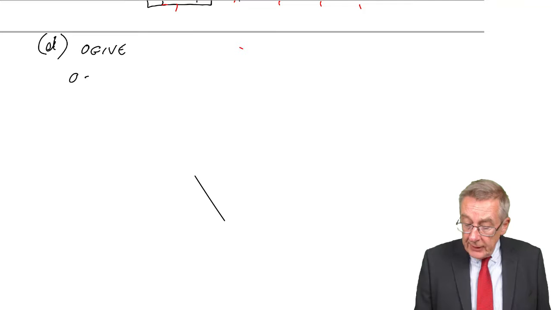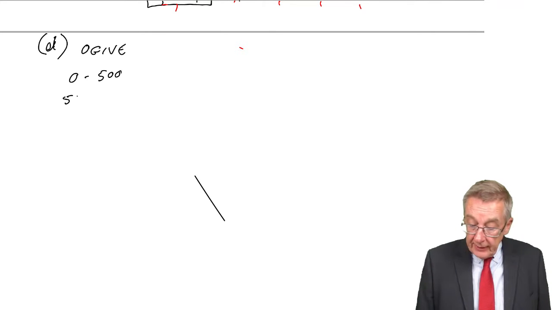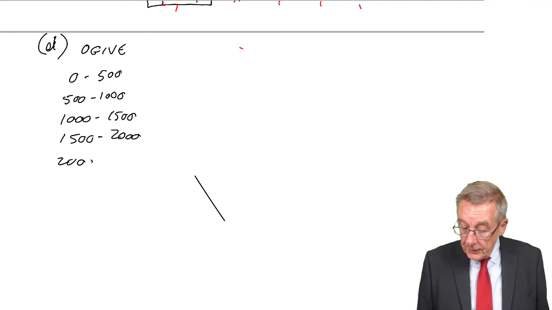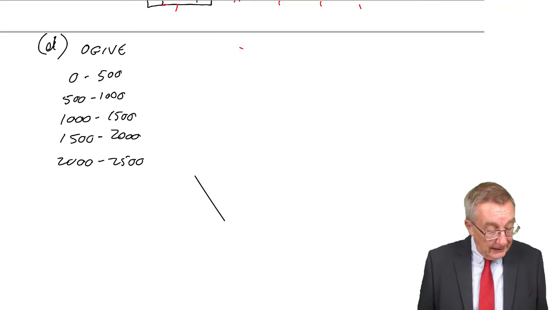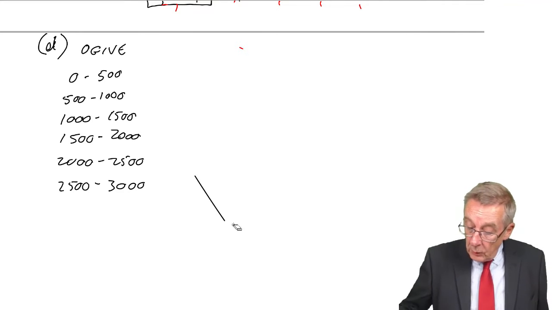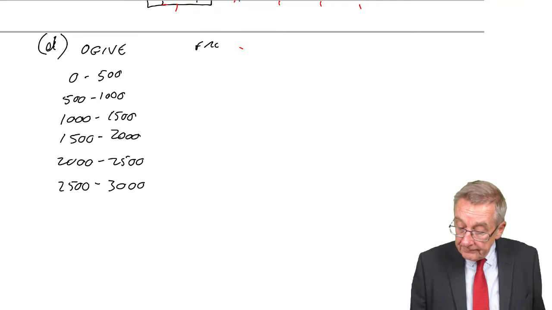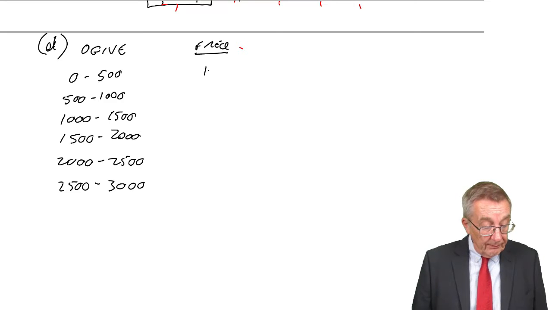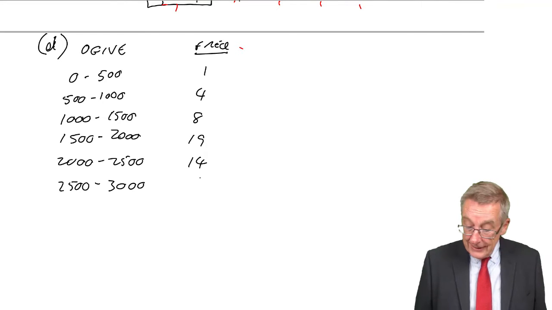What I mean by that, if I write the original table down: 0 to 500, 500 to 1000, 1000 to 1500, 1500 to 2000, 2000 to 2,500, 2,500 to 3,000. Well, we know what the frequency is from the original table. 1 week, 0 to 500. 4 weeks, 8 weeks, 19, 14, 6.